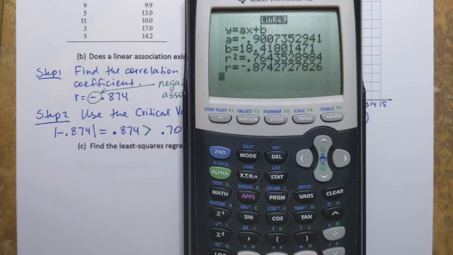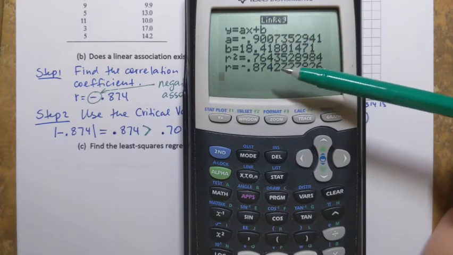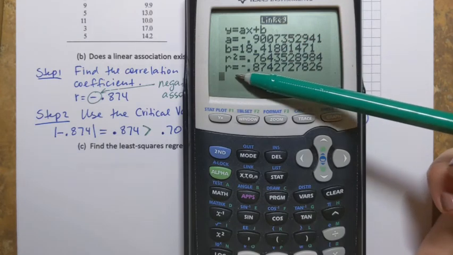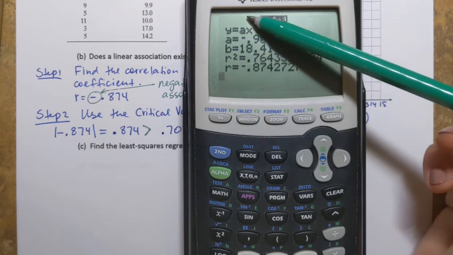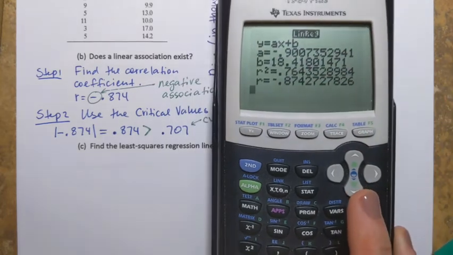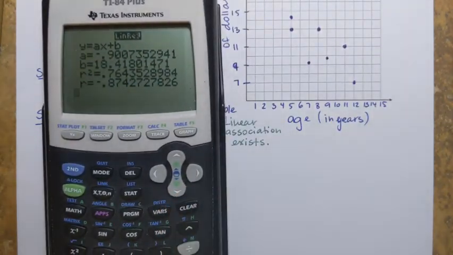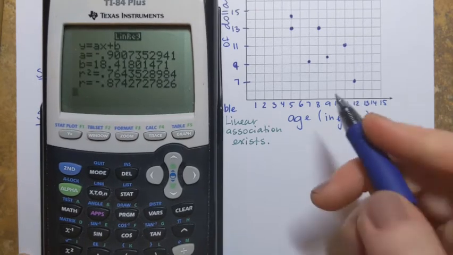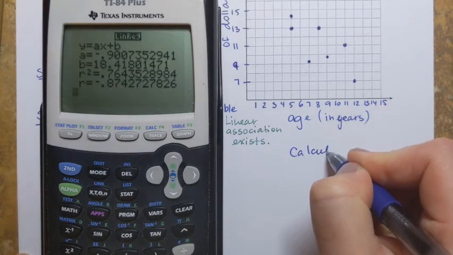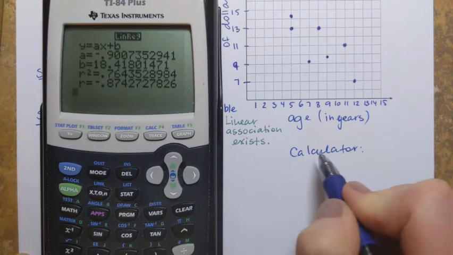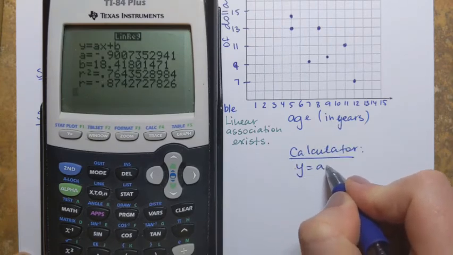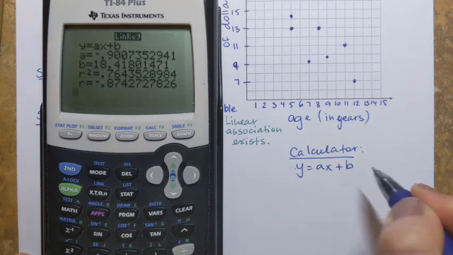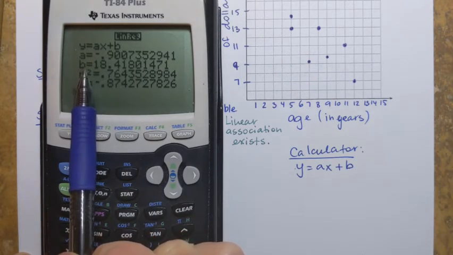But this time we're going to focus on the first 3 lines. So remember, that's where we found the correlation coefficient. But now let's look at the first 3 lines. So here is the form of the least squares regression line equation. I'm going to copy down what I see on the screen. On the calculator, I see the following. It says y equals ax plus b, and then I'm given both a and b.